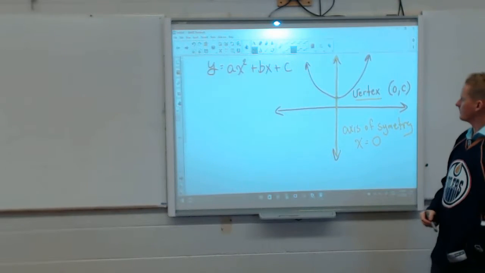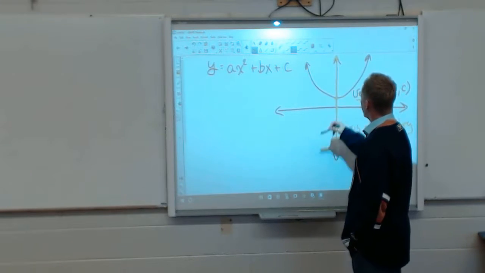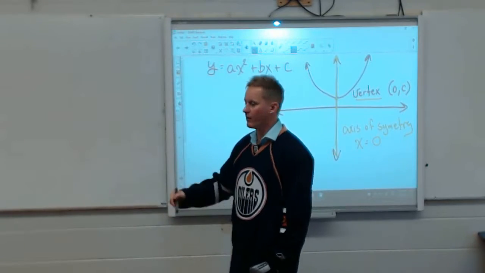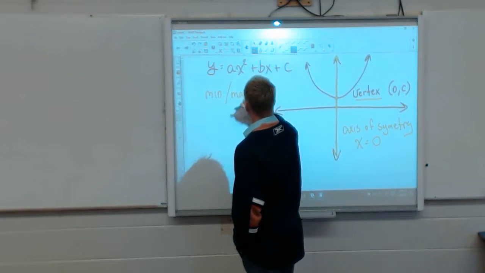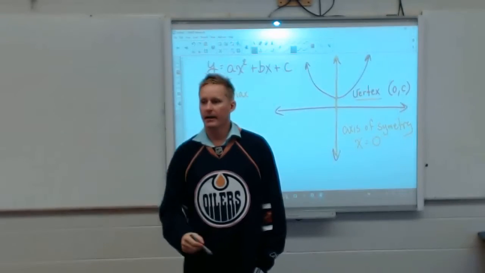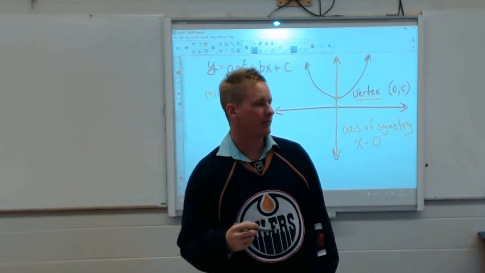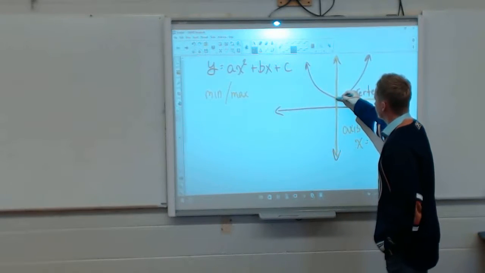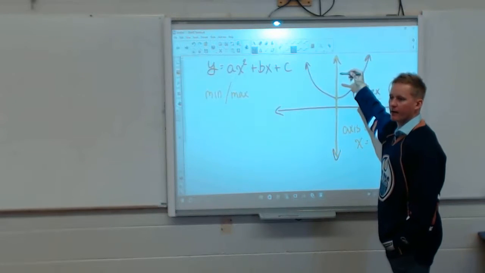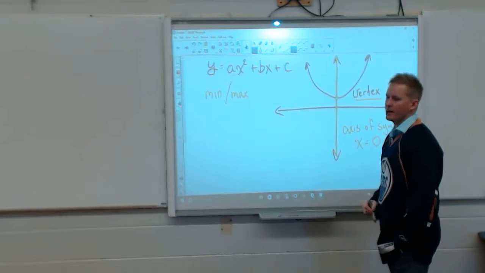Next, the vertex is also what we refer to as a minimum or maximum value. It's a minimum value if the parabola opens up, because all the y values are then greater than that value right there. Therefore, that's the minimum y value.